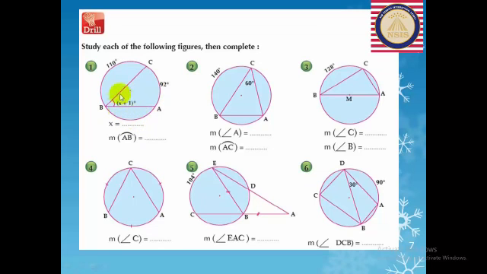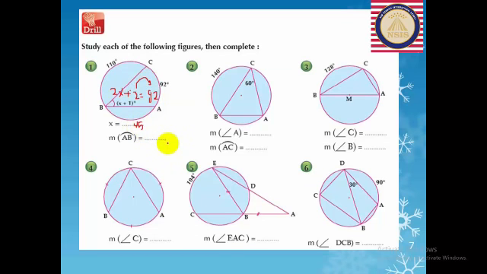We're going to double this because it's inscribed, so 2x plus 2 equals 92. You solve it as an equation. There was plus 2, so it will be 90. 2x equals 90, so x equals 45.